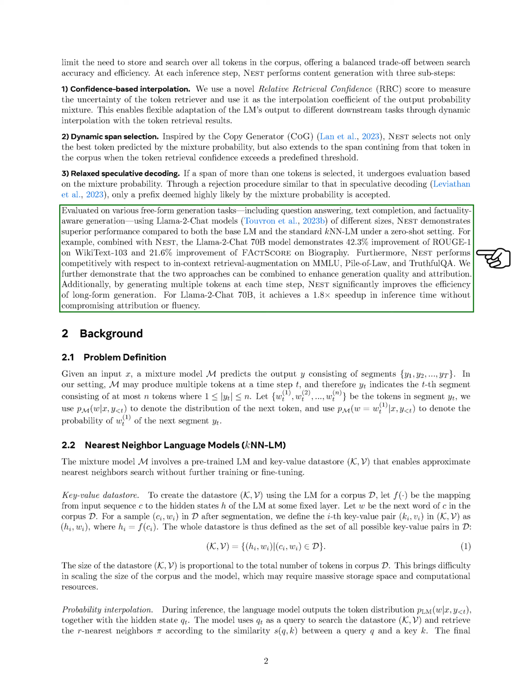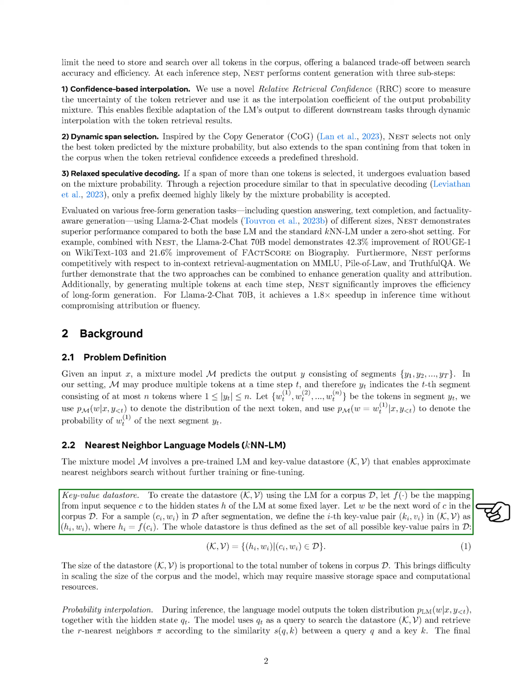NEST outperforms base LMs and standard kNN-LM in various tasks like question answering and text completion. It also competes well with in-context retrieval augmentation on different datasets. By combining approaches, NEST enhances generation quality and attribution. Moreover, NEST significantly speeds up long-form generation without sacrificing quality.